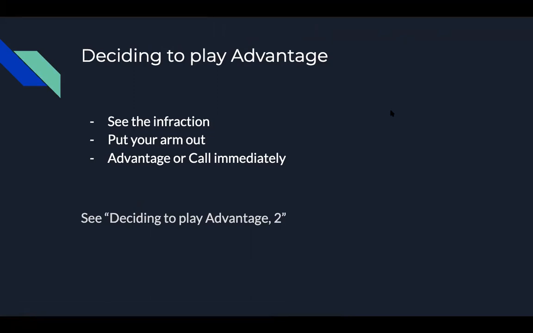The second you throw that arm out, you don't have to say advantage. You can just see the infraction, put your arm out, and take that second to decide what you want to do. So you can either play advantage or you can blow your whistle immediately.